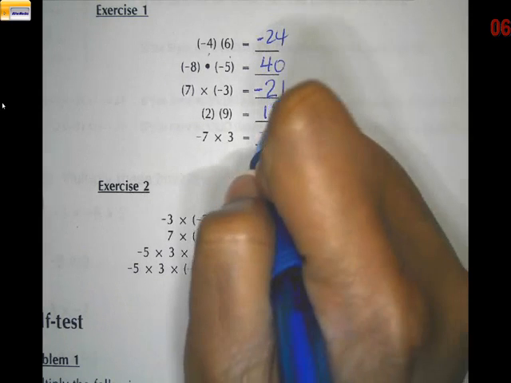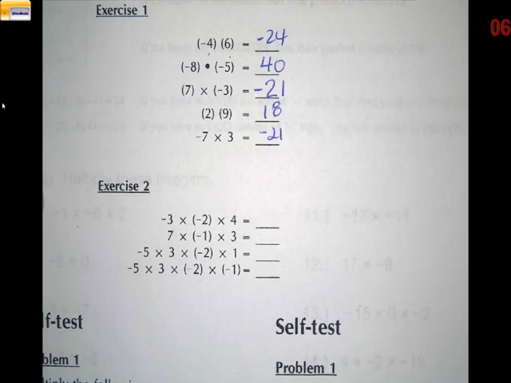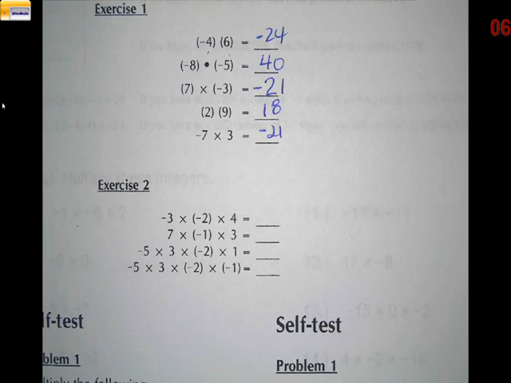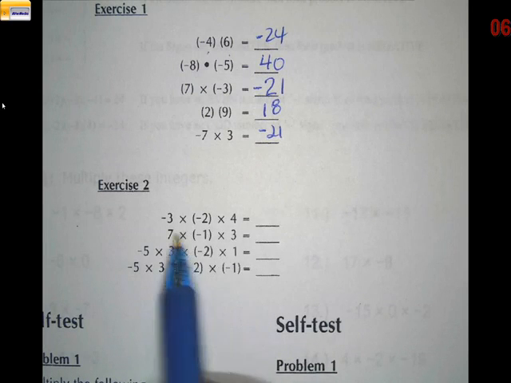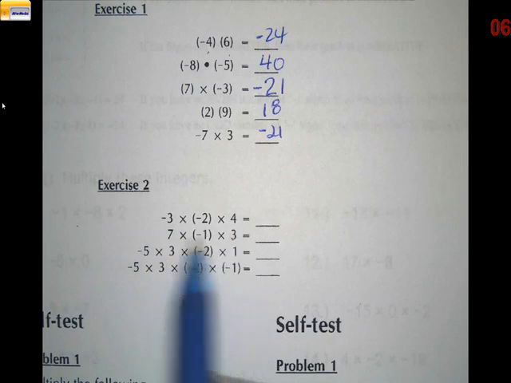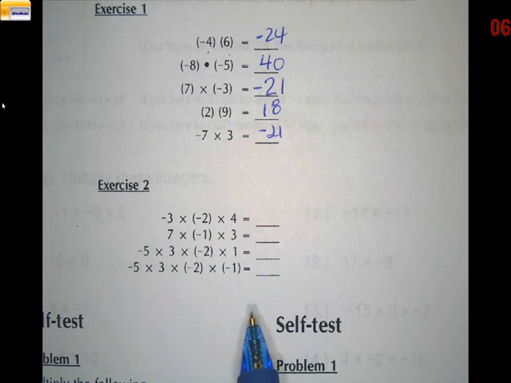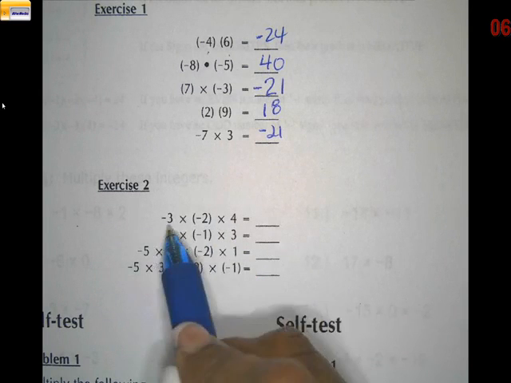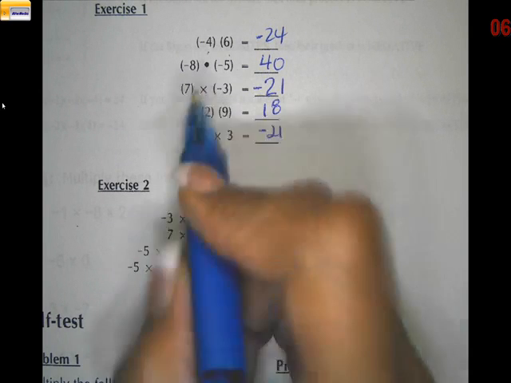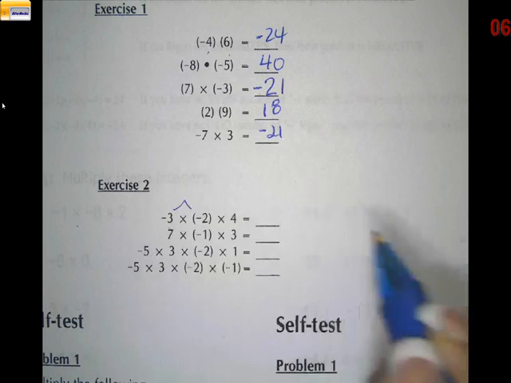Negative 7 times 3. Negative 21. All right, now on exercise 2, we have a different situation. We've got more than 2 numbers. So you just want to group the negatives and group the positives. So if I group negative 3 times negative 2, what does that give me? A positive 6.